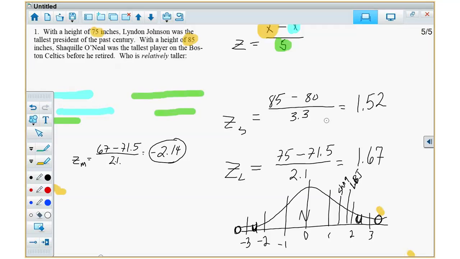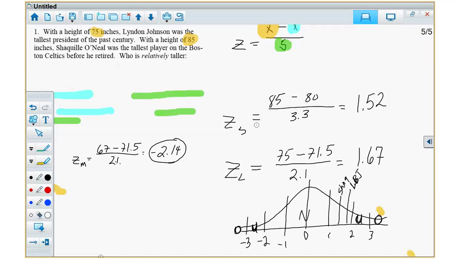He's famous for making one of the most racist statements in the world. 6'4". Well, him and Lincoln were the same height. Why do they have 75 instead of 76?